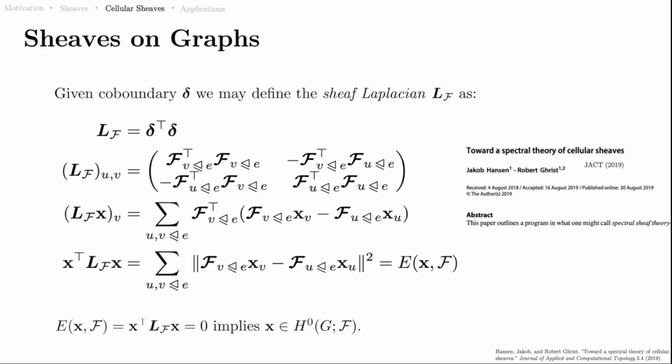But this time we're taking the L2 difference between these signals, or these zero cochains on V and U, across all of our edges. So this gives us a measure of how consistent our assignment of data is. And of course, if this is equal to 0, we know that this cochain must sit within the space of closed sections.